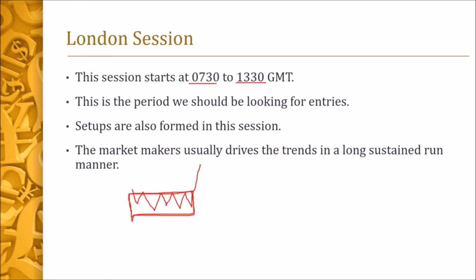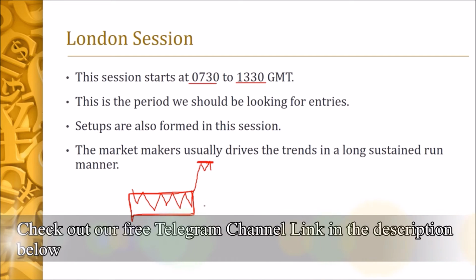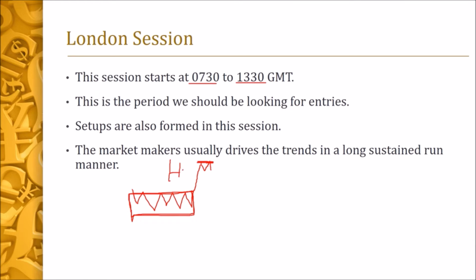So we have a breakout move out of the Asian session, and we have the highest point of the day, or if it's going down, the lowest point of the day, and we call this high of day point. And the high of day point is usually created in the London session. So in the London session, that is where we have the long sustained run movement.